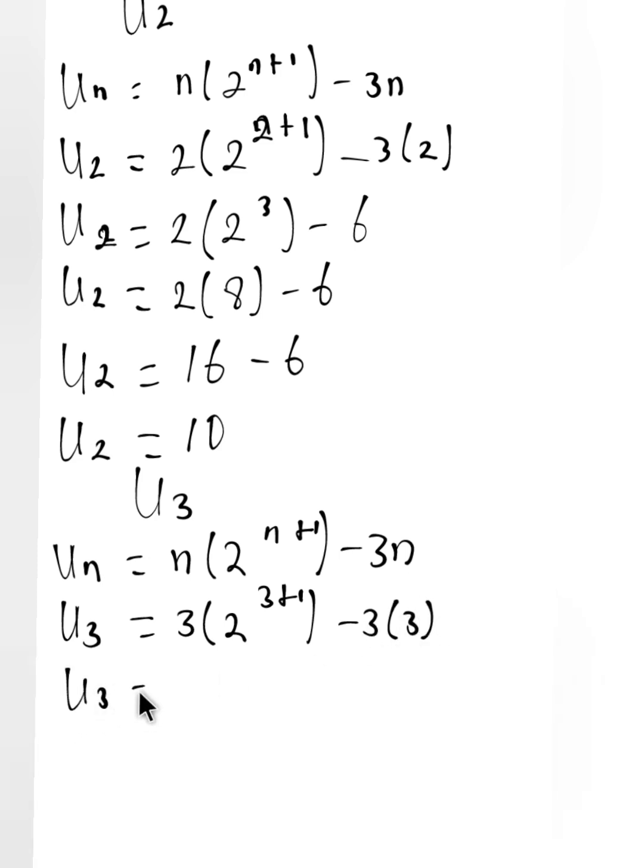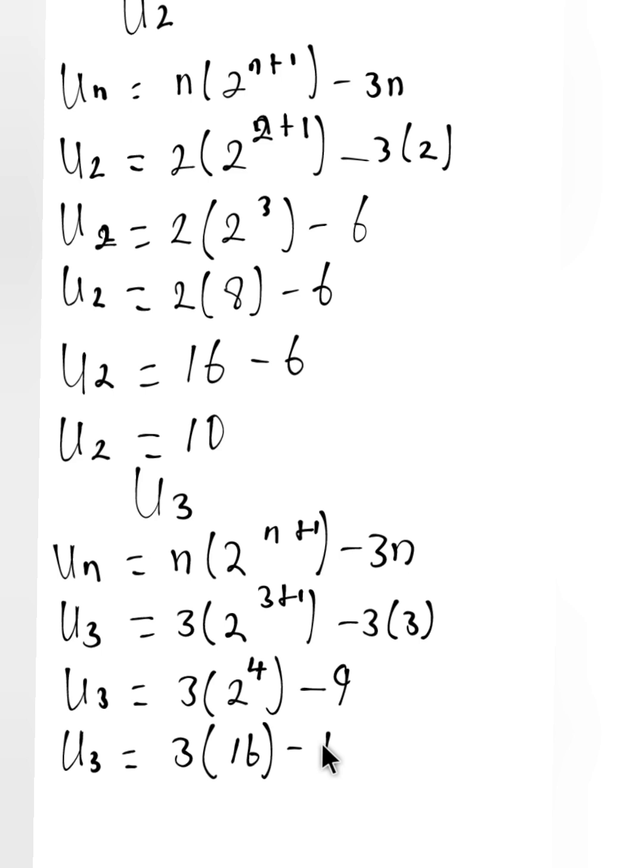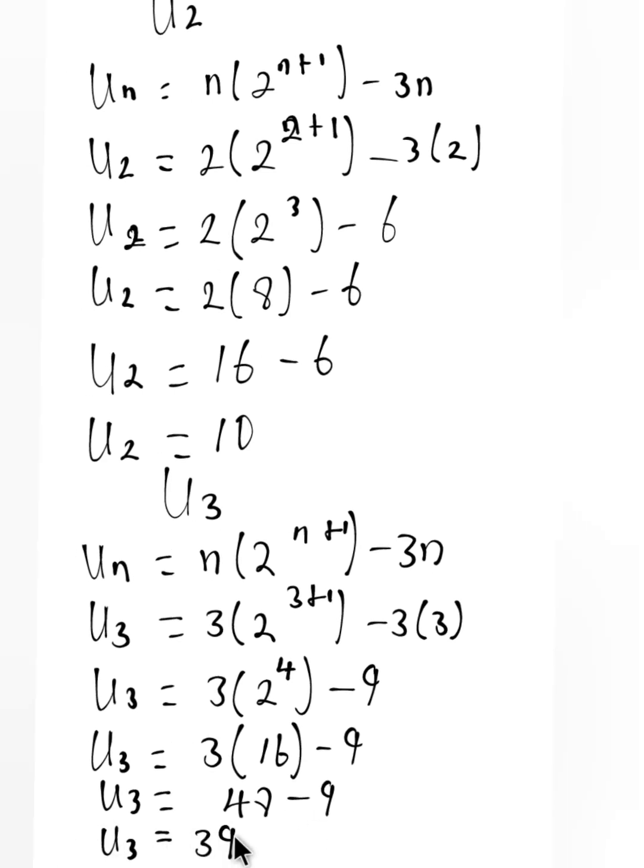Then u3 is equal to 3 times 2^4. 3 plus 1 is 4, minus 9. 3 times 3 is 9. u3 is equal to 3 times 2^4, which is 16, minus 9. u3 is equal to 3 times 16, which is 48, minus 9. And u3 is equal to 39.